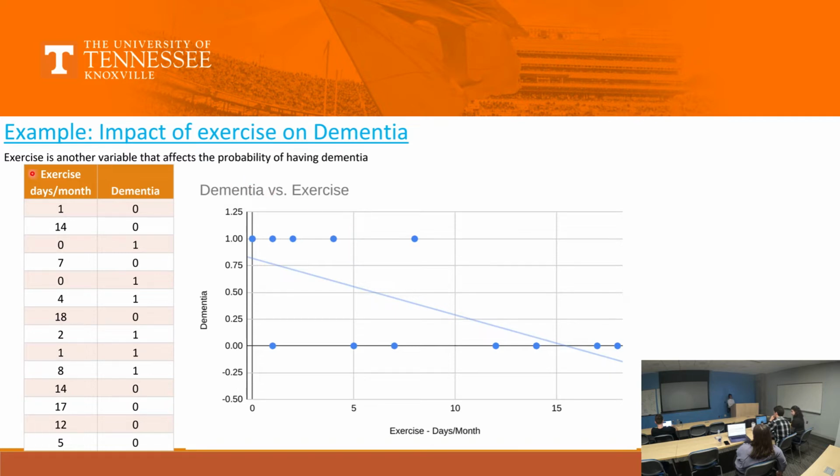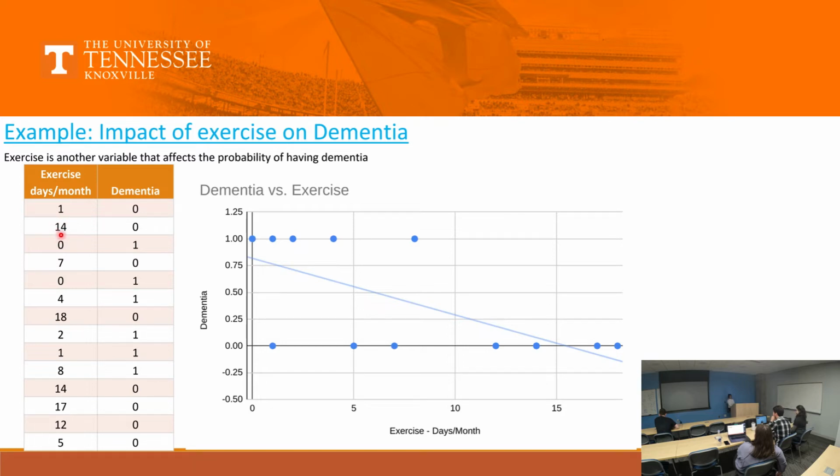Now I have another parameter here. Another parameter is how many times a person exercises in a month. And there's data available in the literature that people with one day of exercise have no dementia. Maybe there is another factor, they are young. This is just data.